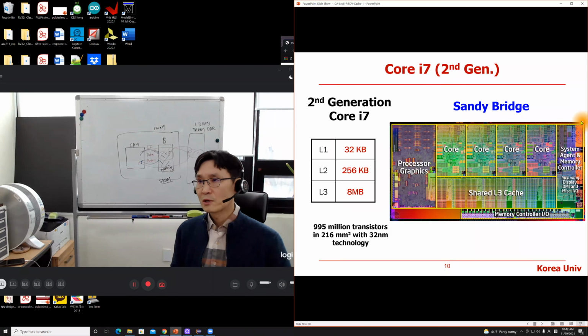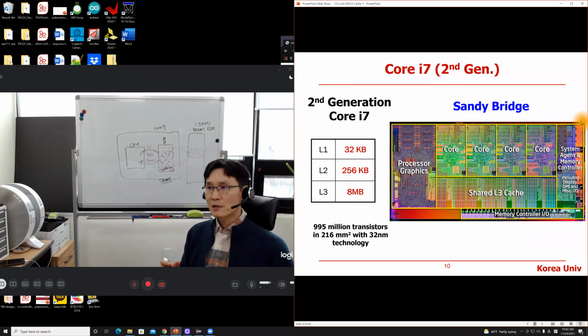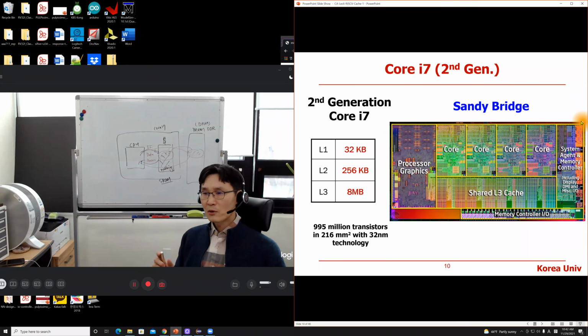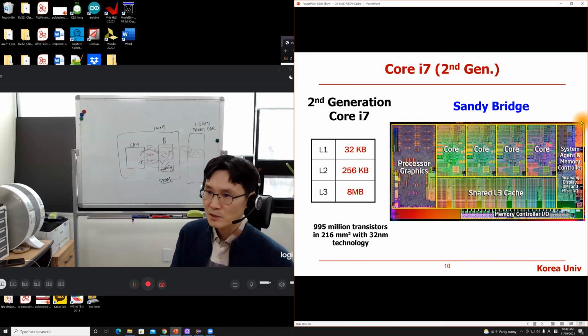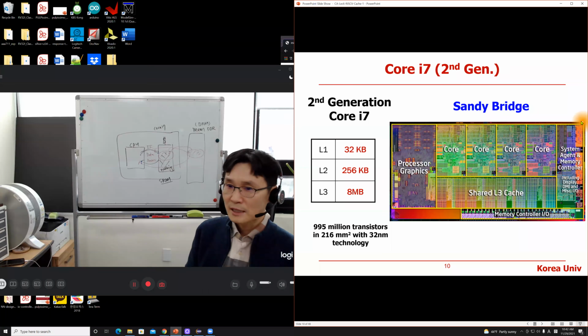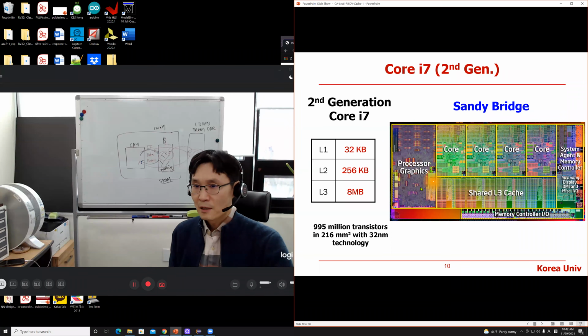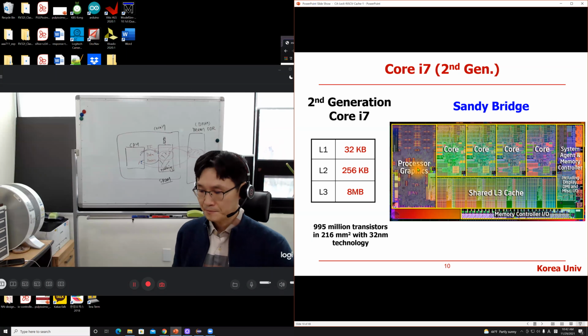So if you do not do gaming, then probably you don't have to purchase a separate graphics card, an NVIDIA graphics card, right? If you just do internet surfing and watch YouTube videos, you don't have to purchase a graphics card. That engine will do that job, more than enough, right? The graphics engine.